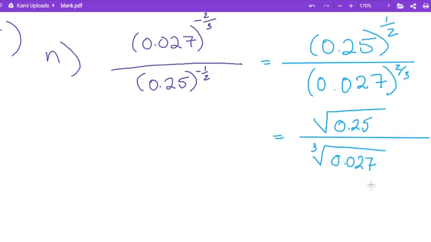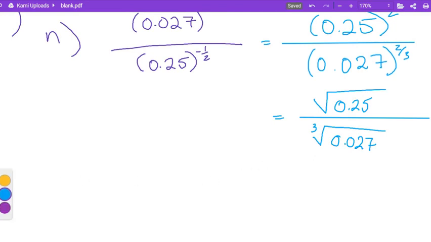And folks, here's the thing, with the power, watch this. You've got 2 options. You can put the power inside here, like the squared, or you can write the power on the outside. I prefer it this way because I like to take the cubed root first, because then it simplifies it, and then I square whatever I get. But you will get the same answer if you go the other way.